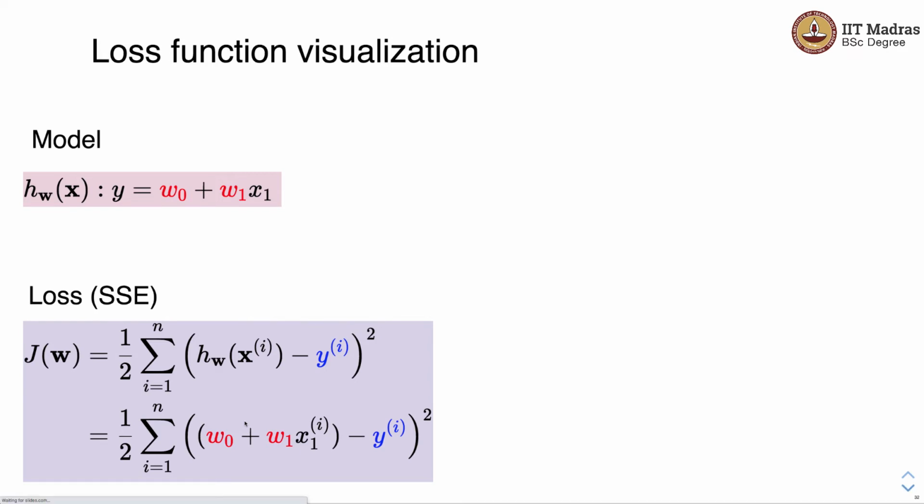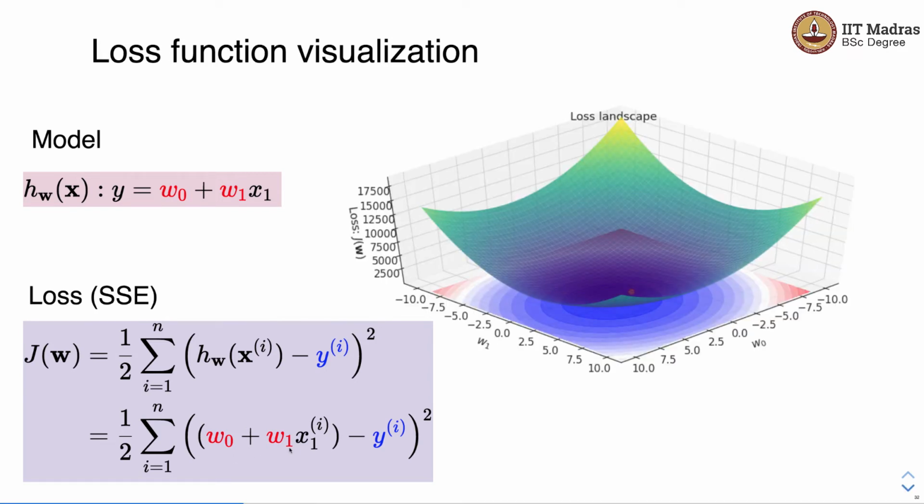So we now plot the triplet, that is, the values of w0, w1 and the loss value. You see that w0 is on one axis and w1 is on another axis. The third axis is actually the loss. So for a pair of w0 and w1, we obtain a value of the loss.